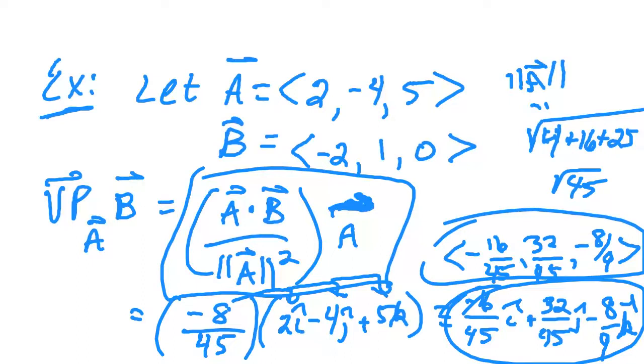Use the one with the norm of B vector cosine theta, where you have to figure out what cosine theta is, and then times the A vector. I think that was the other formula that we had. But we'll go from there.